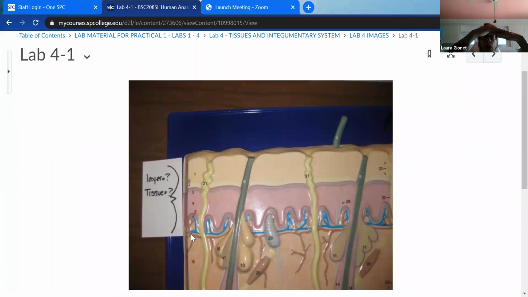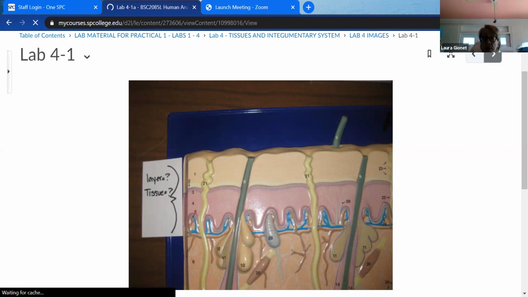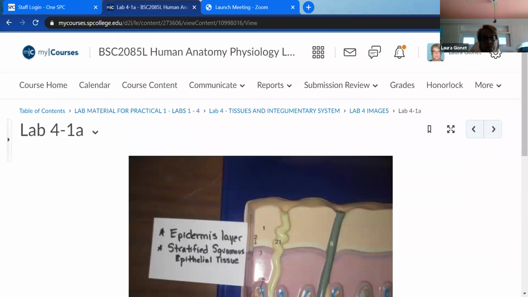So that, which includes the pink that's undulating there, and above that layer, quote unquote, is the epidermis. And what tissue would I find there? Stratified squamous epithelial tissue. Right? Epidermis, stratified squamous epithelial tissue.